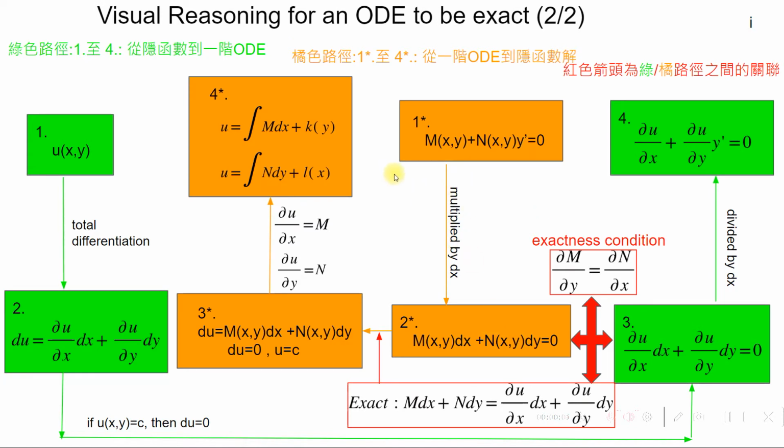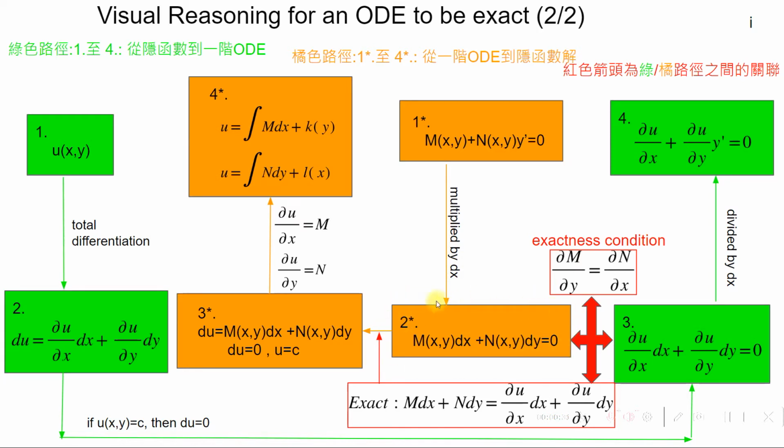The orange route starts from a first order ODE to its solution as an implicit function. So the orange route embodies the visual reasoning of solving the ODE. This ODE, after being multiplied by dx, becomes this expression.